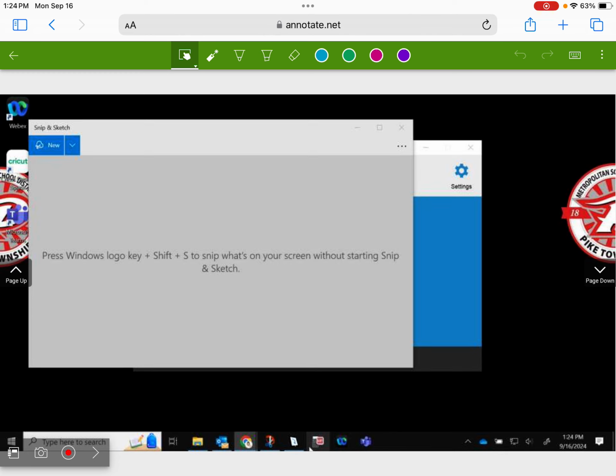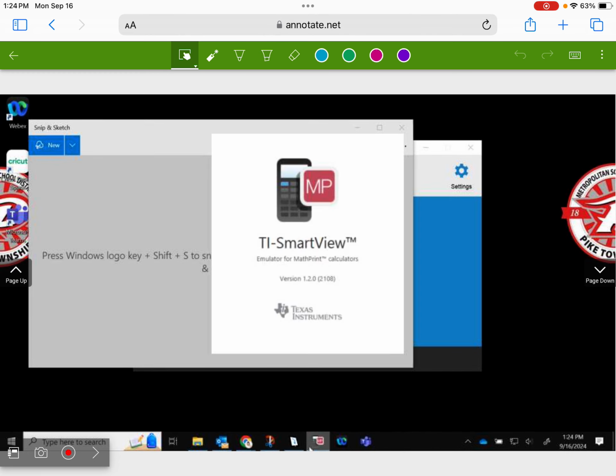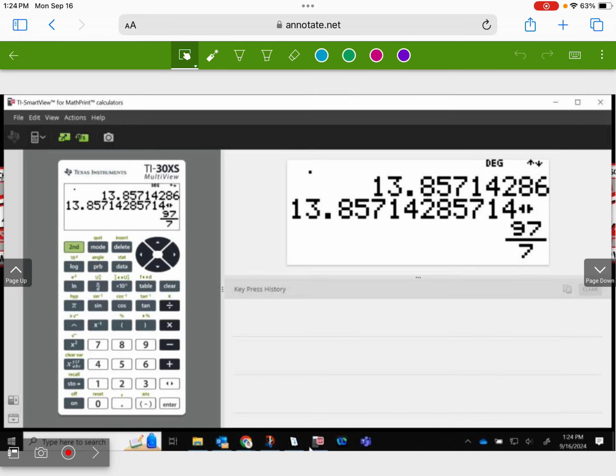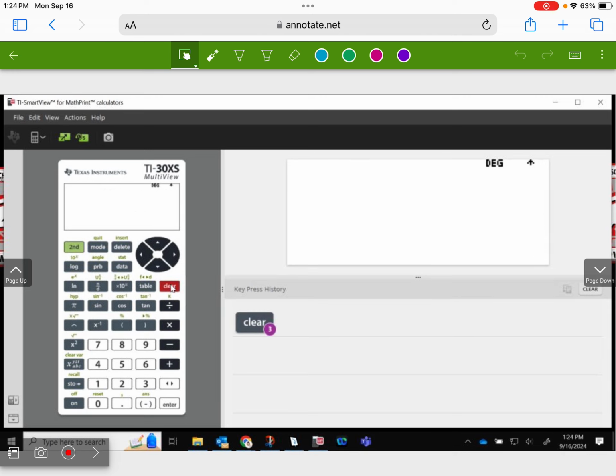Let me grab my calculator. So we can build this in the calculator. I've got a fraction button, second column, third button down, my favorite button on this calculator.